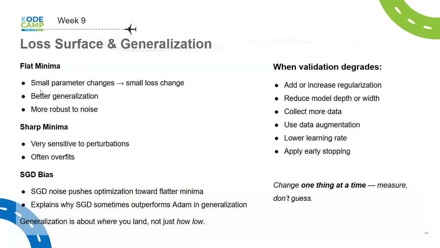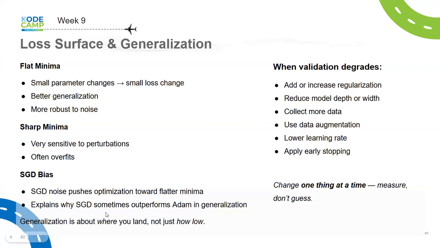So this will result in better generalization and more robust to noise, right? But if the loss surface of your parameters has sharp minima, that means any small perturbation in parameters, in inputs, in whatever, will result in a large change in the output. So this tends to overfit.